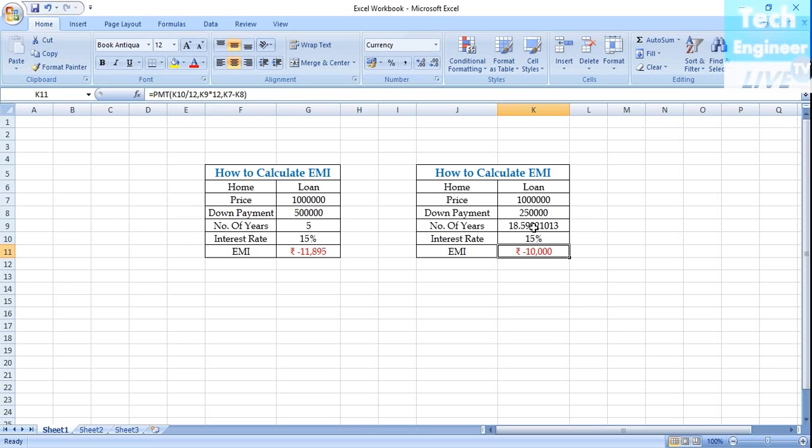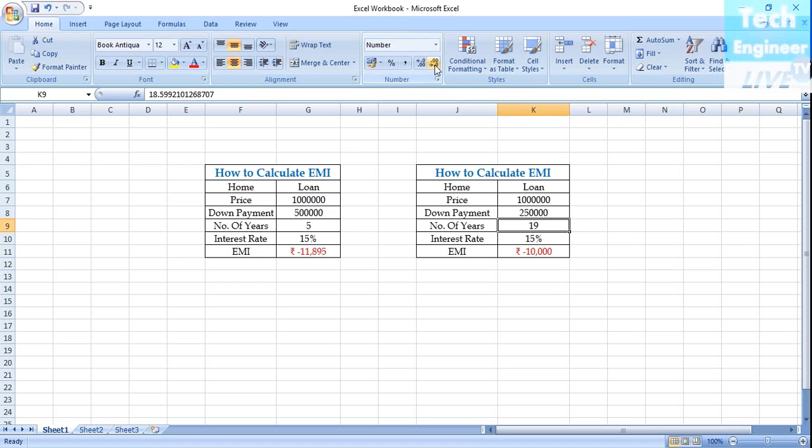Again, I just want to decrease the fraction, so 19 years basically it will take me if I go with 10,000 as the EMI and pay a down payment of around 2.5 lakh, which means 2,15,000.